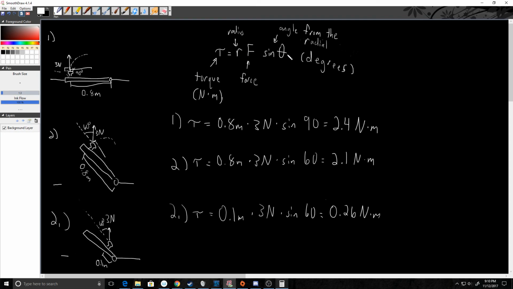And once again, I want my sine, the best angle, the angle that gets me the maximum torque, is going to be 90 degrees. At that point, sine equals 1, and all of my force is going into that torque. All that force becomes torque. And keep in mind, using these trig functions, you can't get a value greater than 1. It just tells us what percentage of our force is in that direction.